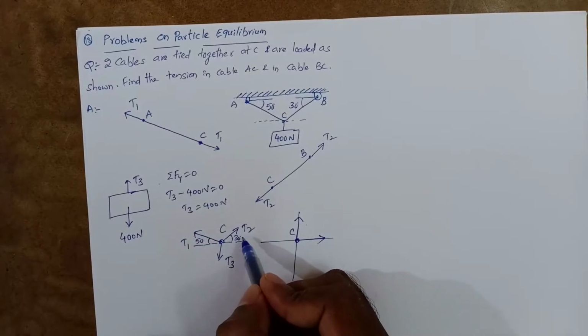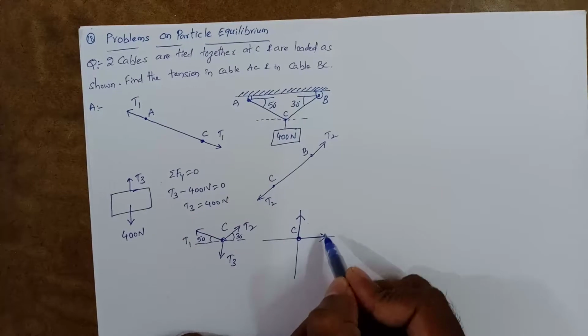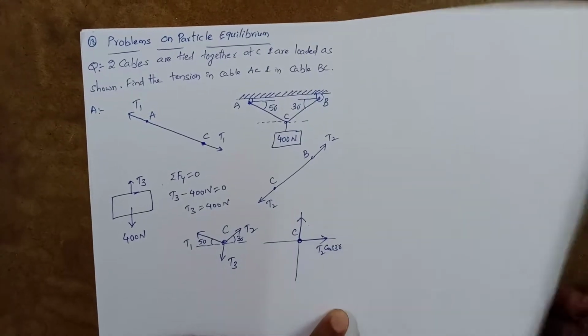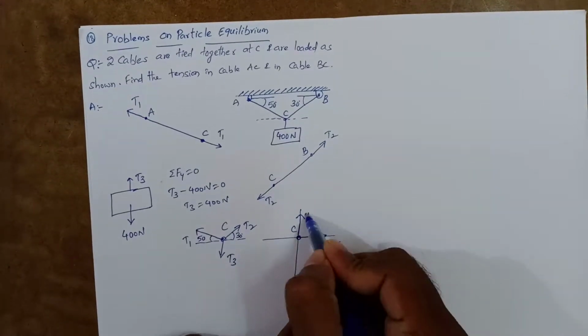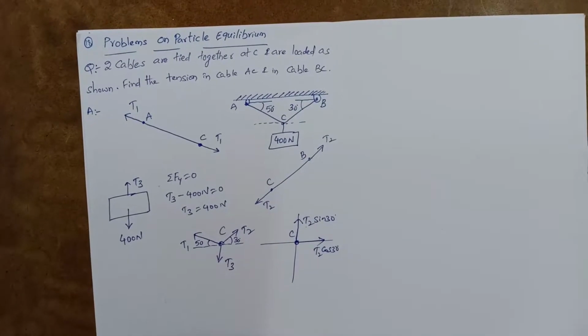And here T2 is making an angle 30 with this component, it will become cos component, so this is T2 cos 30, and the other will become sine component, T2 sine 30.